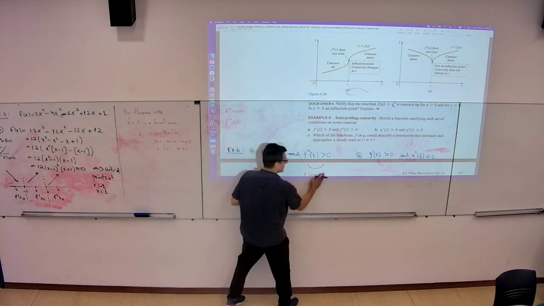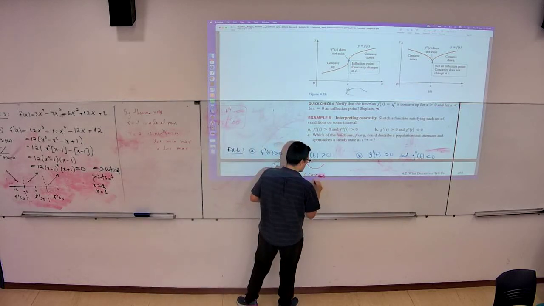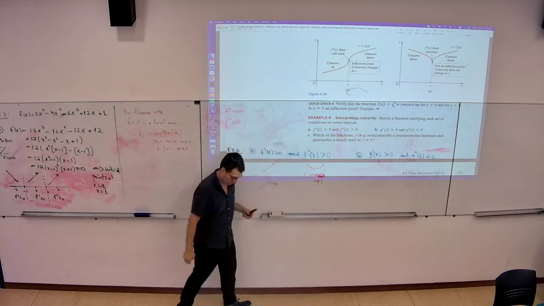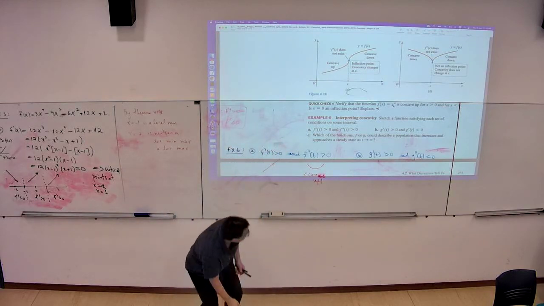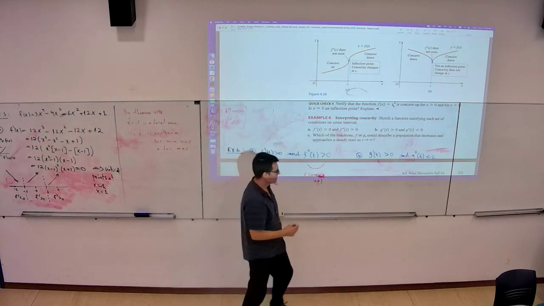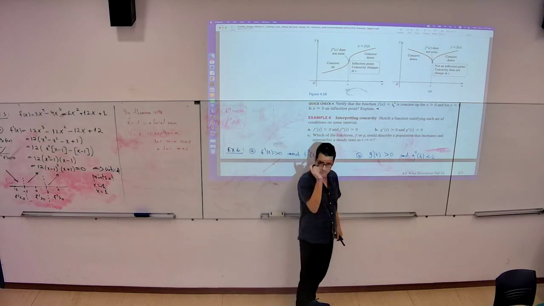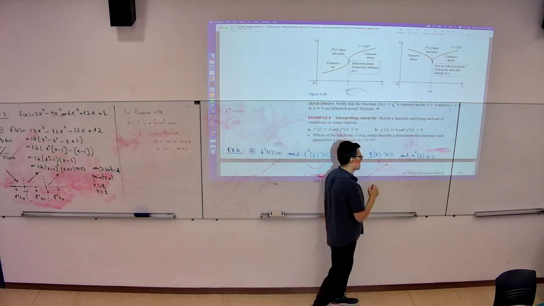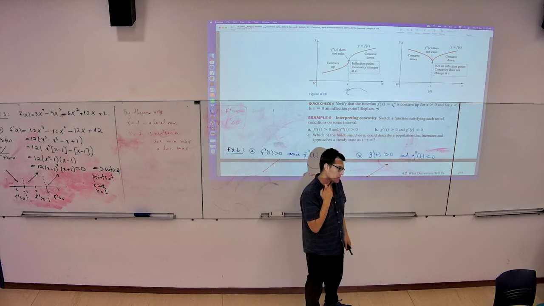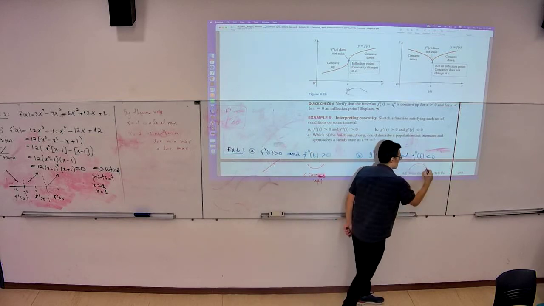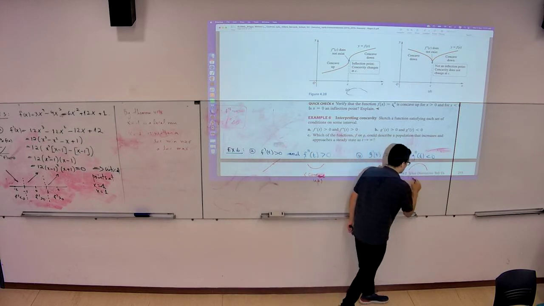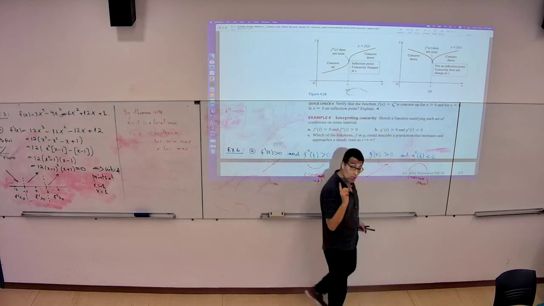Let's use the other denomination, concave up. This is happy. What about g? g prime positive means it's increasing, and g double prime negative, it's going to be sad. Concave down.